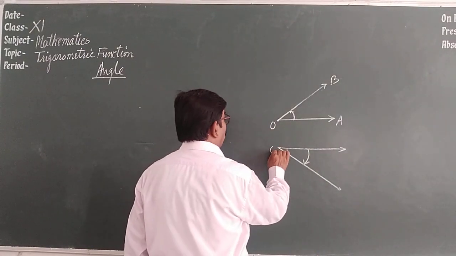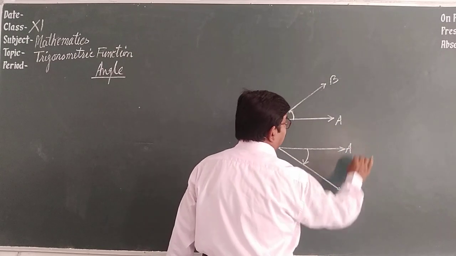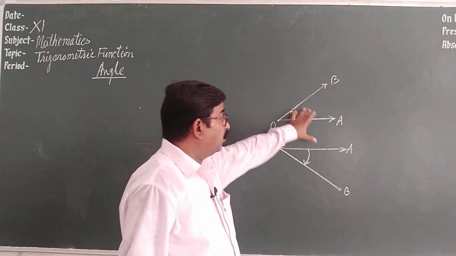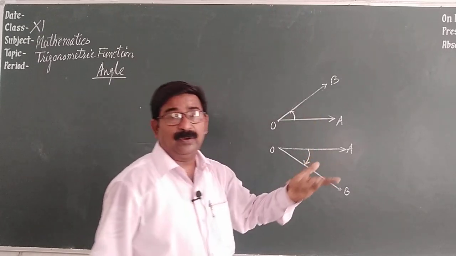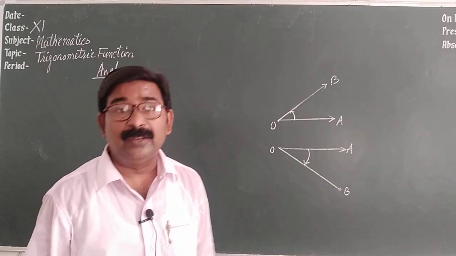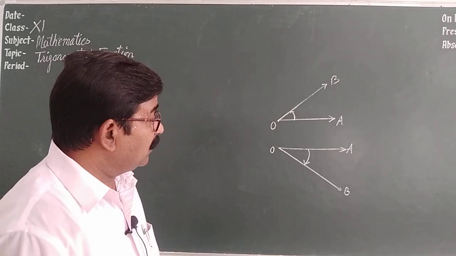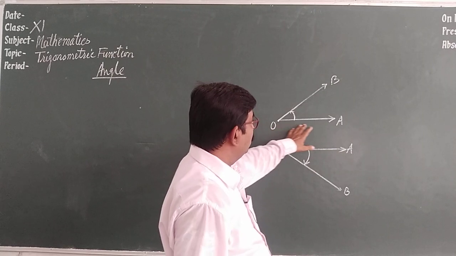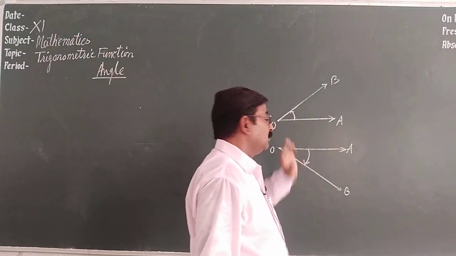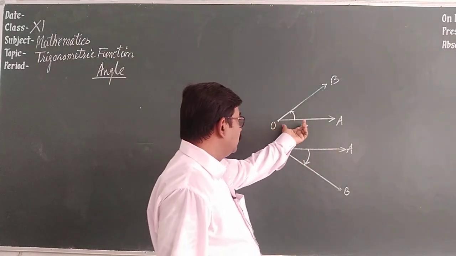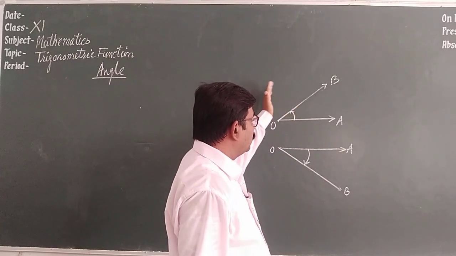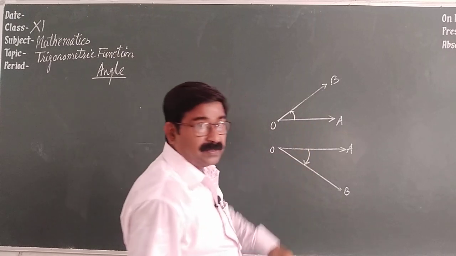Let this be O and A, and this position is B. You can simply name both angles AOB, but one of the arms rotates or terminates anti-clockwise and the other clockwise.